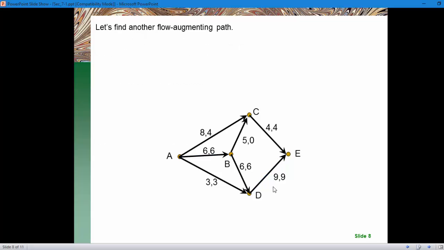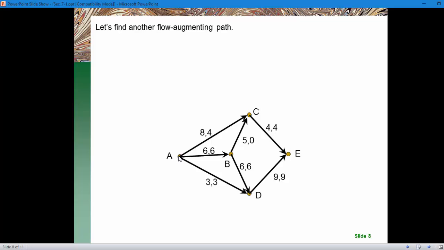Now, take a look at the flow going into the sink. The only two arcs going into the sink are these two here. Notice that this arc here is at the maximum capacity. The capacity is 4 and the current flow there is 4. This other arc, the capacity is 9 and the current flow there is 9. So there is no more room for improvement.